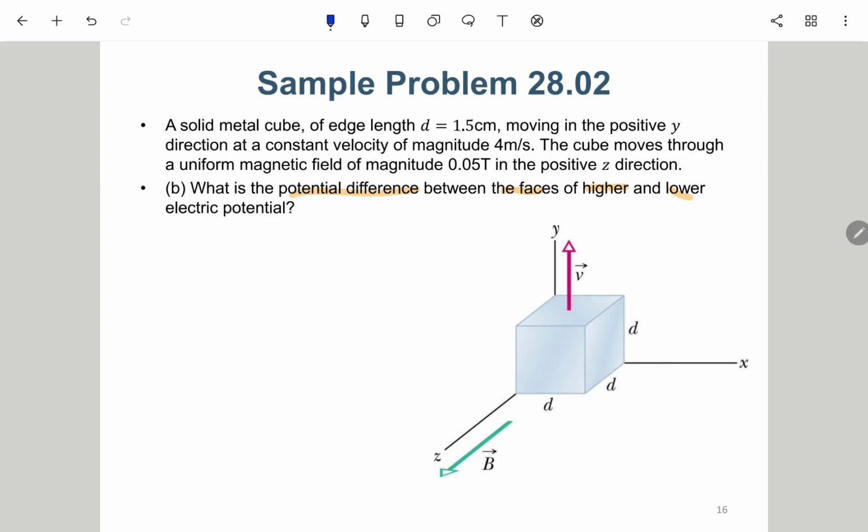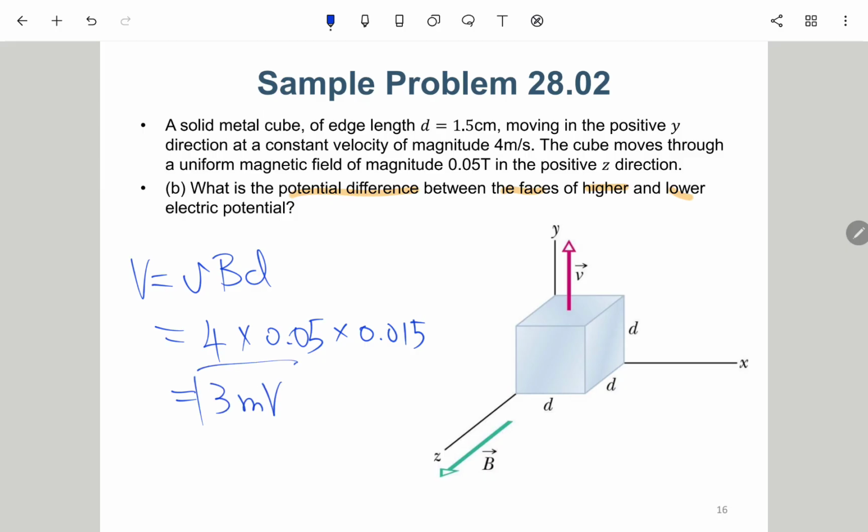We make use of V equals small v times B times D. So v is 4 meters per second, B is 0.05, and 1.5 centimeters for D, which is 0.015 meter. So this is 3 millivolts, which is not high, but actually it is measurable.